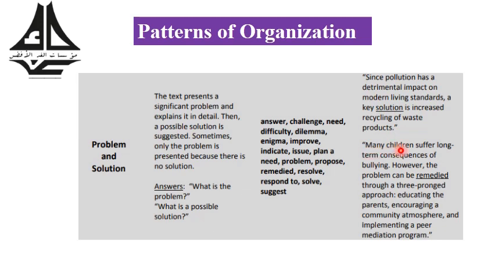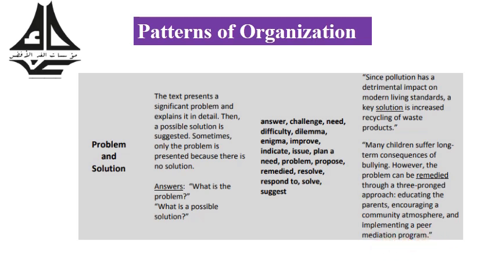Many children suffer long-term consequences of bullying. However, the problem can be remedied through a three-pronged approach: educating the parents, encouraging a community atmosphere, and implementing a peer mediation program.